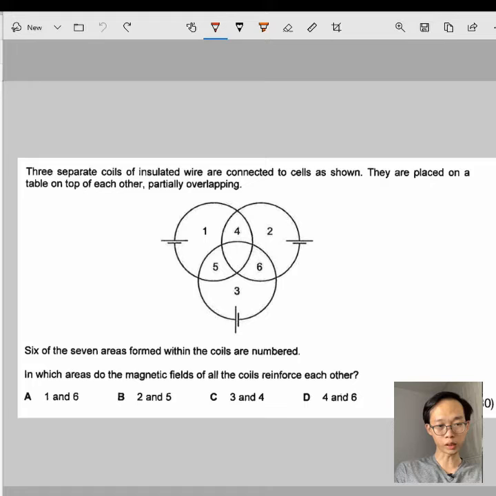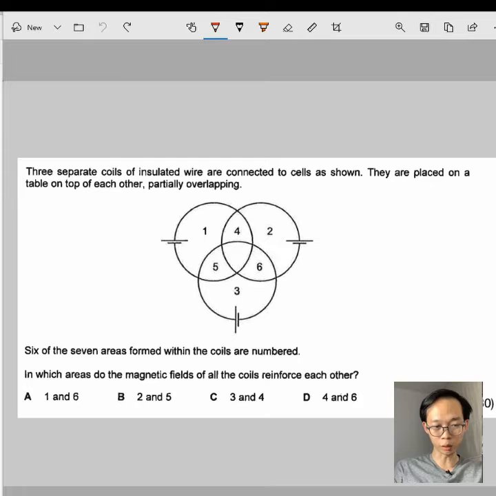Three separate coils of insulated wire are connected to cells as shown, placed on top of each other, partially overlapping. And then we want to find out in which areas the magnetic fields of all coils reinforce each other. Okay. So if you don't understand what the question is talking about, let me give you a little bit of a brief. Over here we have three coils, right? They are placed on top of the table, overlapping one on top of the other.